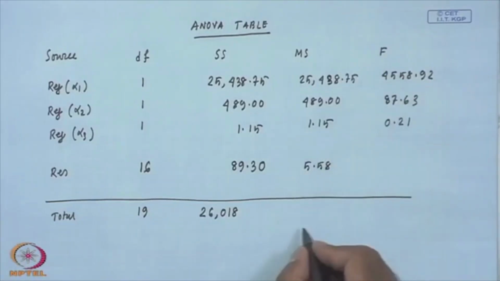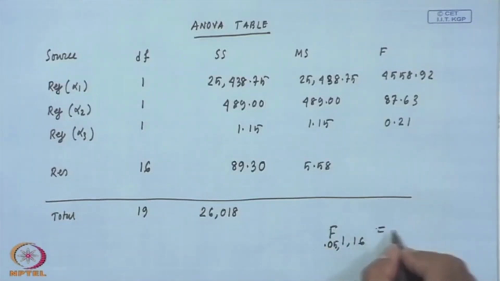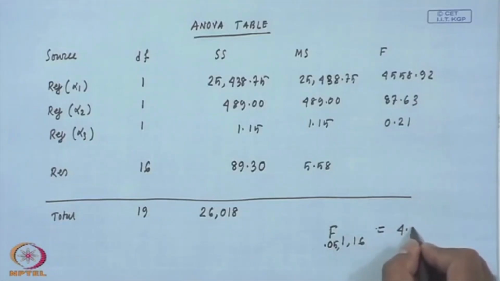All these F values have degrees of freedom 1 and 16, and now you check the tabulated value of F at 0.05, 1, 16, which is 4.49.